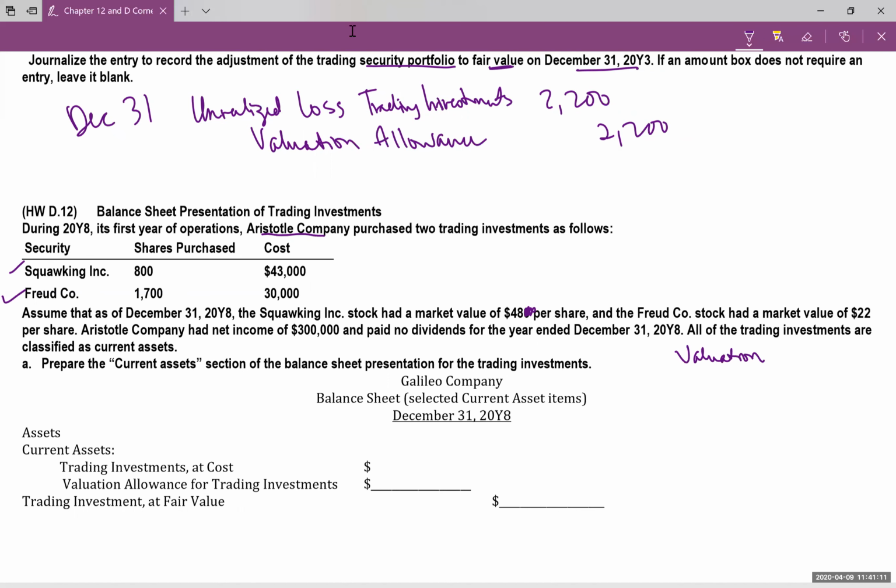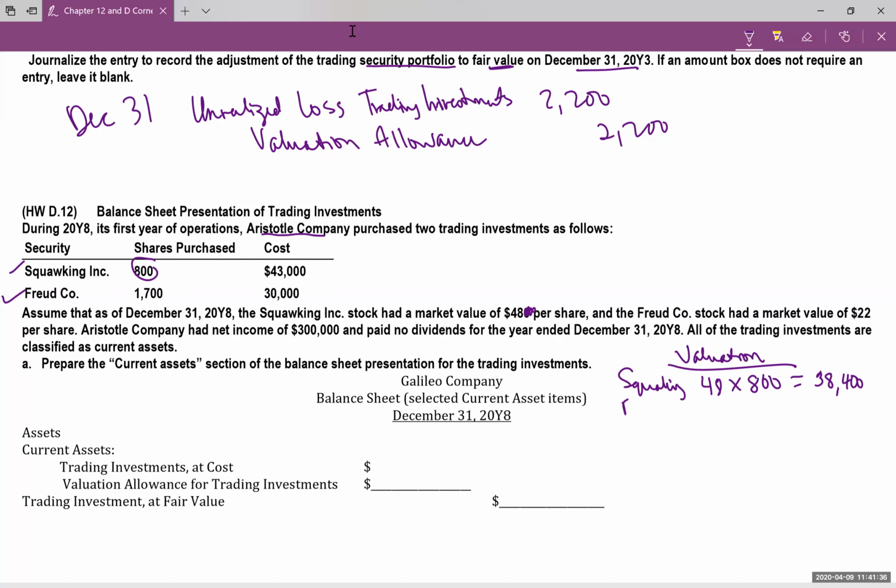Valuation. First, Squawking. 48, not the 480, times 800 shares owned, right? And that amount is 38,400.